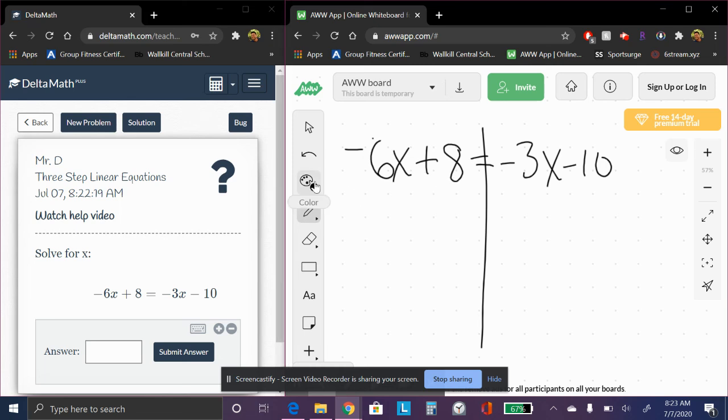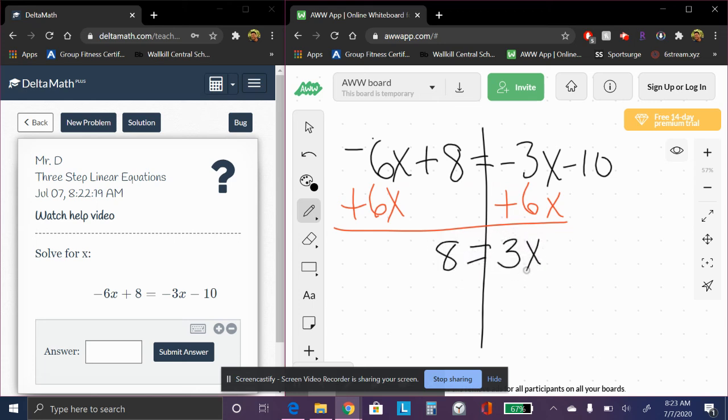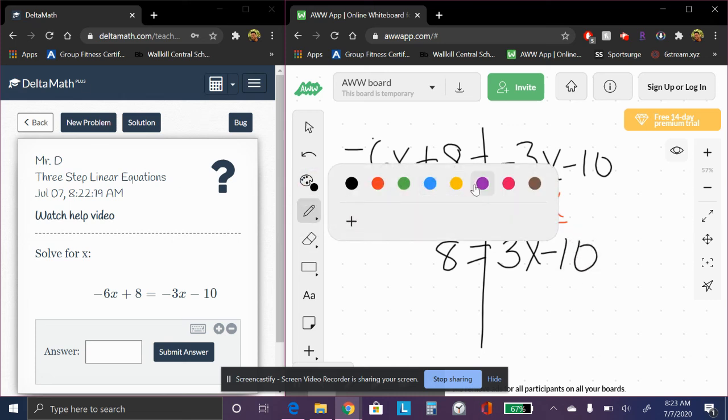So I'm going to bring the negative 6x over. So I'm going to add 6x to both sides. So we get 3x is 18... Then again, it becomes a two-step equation.